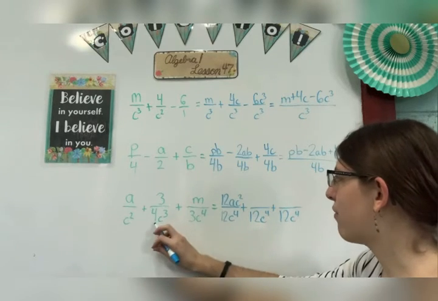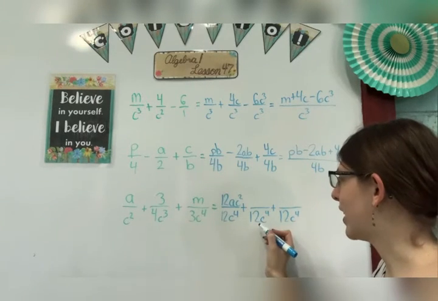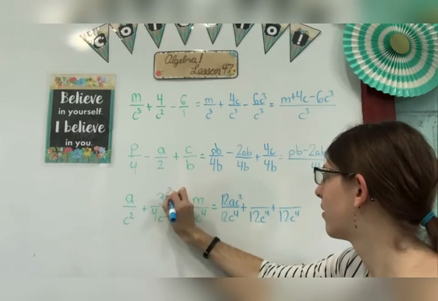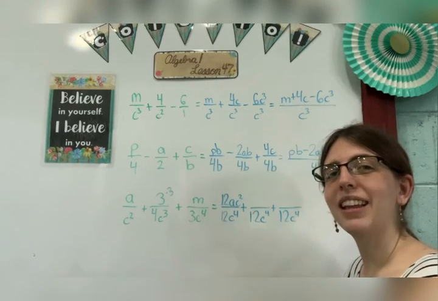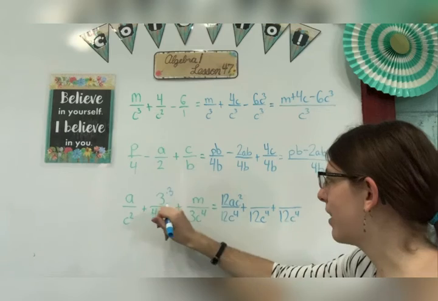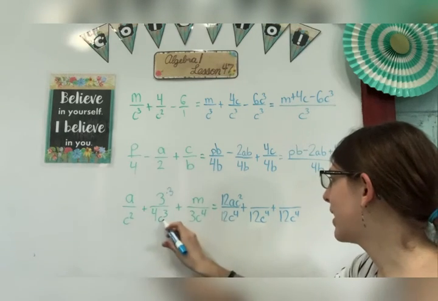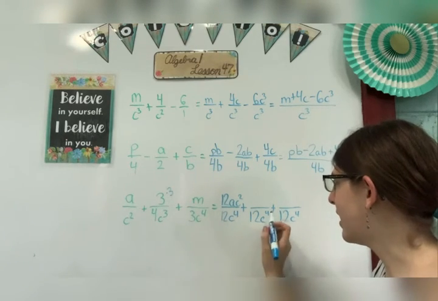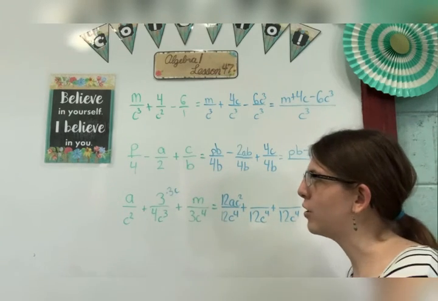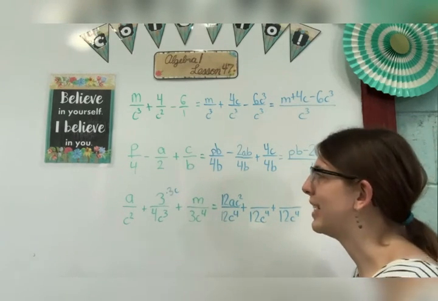I multiply 4c cubed by what to get 12c to the fourth? Well, I have to multiply my 4 by 3. You can, by the way, write it like I'm about to do so that it's easier to see. 4 by 3, and my c cubed by just c to go up from 3 to 4. So I multiplied my old numerator by 3c.